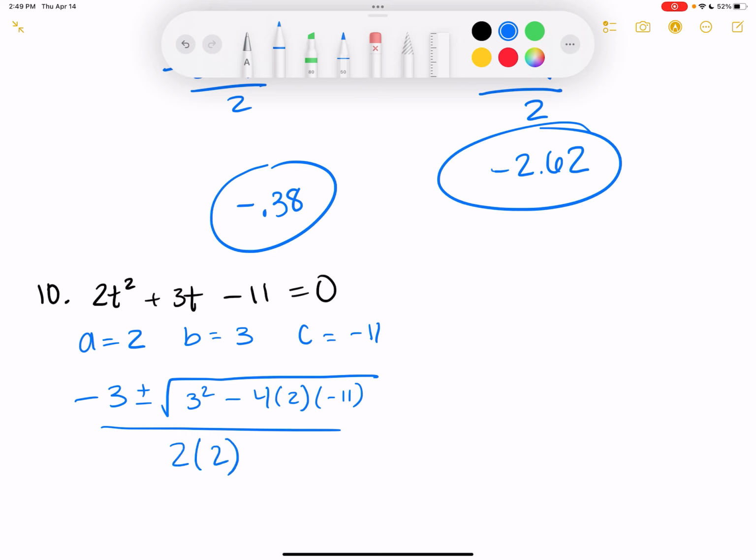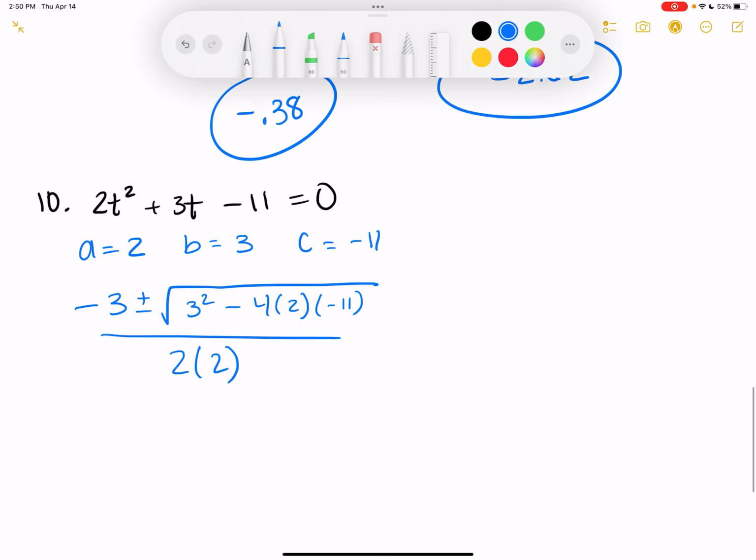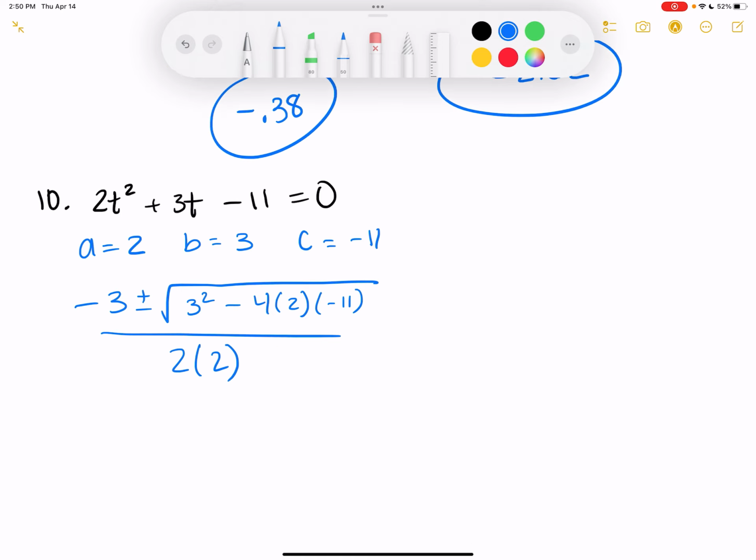Oh, Brandon. That's what I was trying to do when I said negative. As soon as you said it, I was like, there's no negative. He's trying to plug it in. All right. So now simplify it down. So negative 3 plus or minus the square root of 3 squared is 9.